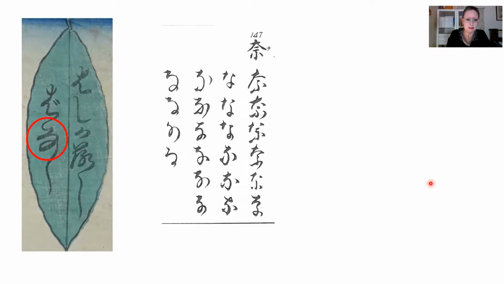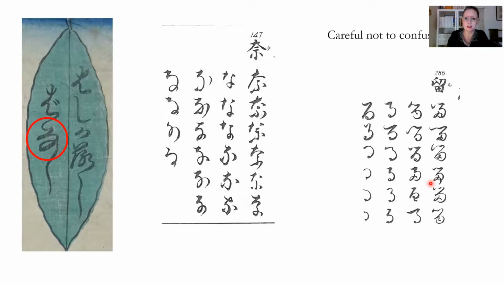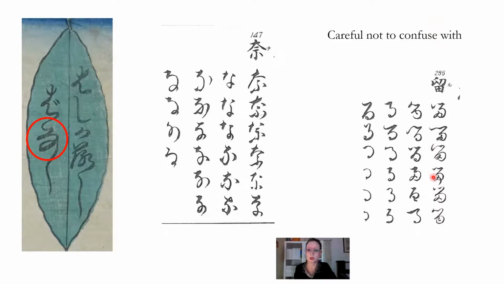In this case, the kana involved here is na. So it's not to be confused, sorry, I moved myself, not to be confused with ru. As you can see, this shape here and this shape here might appear deceptively similar. In this case, banashi makes perfect sense because we have a story, a banashi.